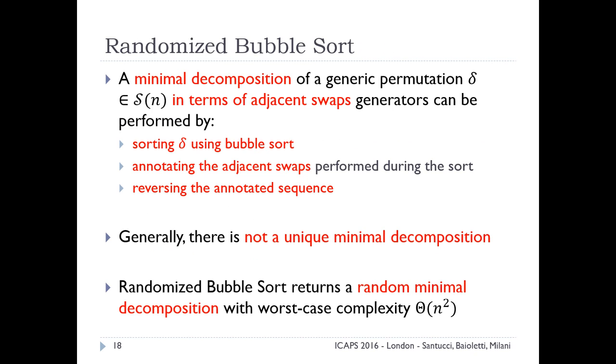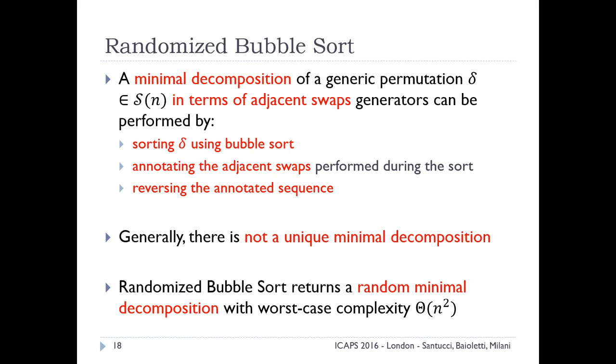Now we know what we want, but we don't know how to generate the decomposition of a permutation. But it is very easy. We only need to sort the permutation using a bubble sort algorithm. Why do we sort it?